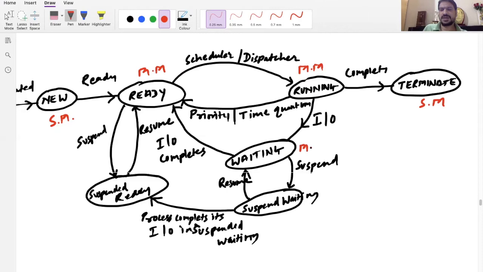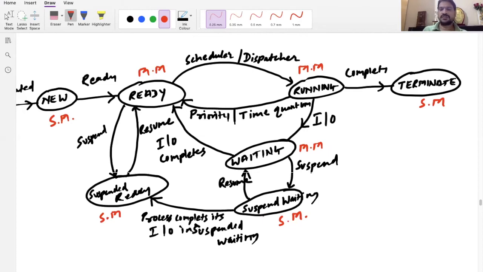Waiting means it is in the main memory. Suspended waiting means it should be in the secondary memory, because we have suspended it for one reason: the RAM does not have the space to accommodate a new one. That's why we have suspended. And here suspended ready is also in the secondary memory. So you see all the memory we have defined.